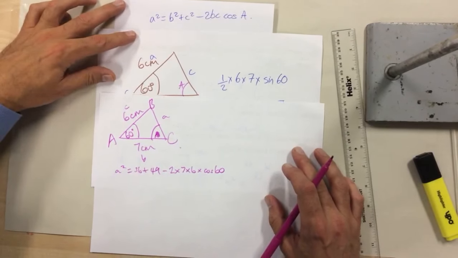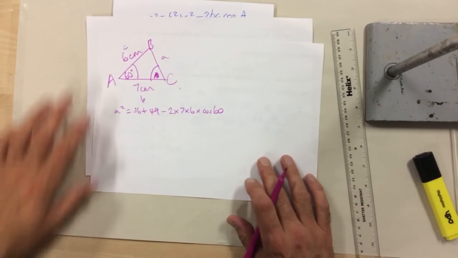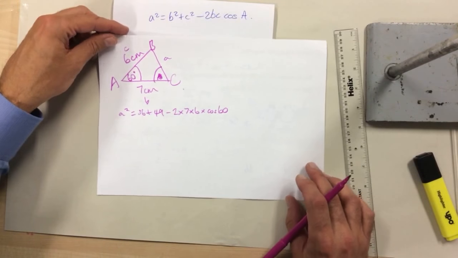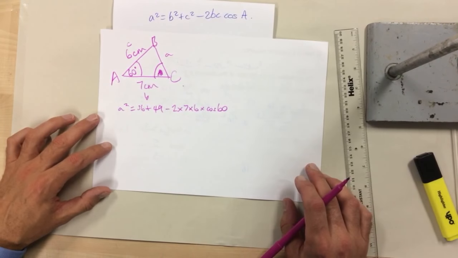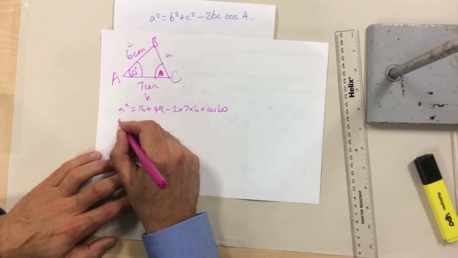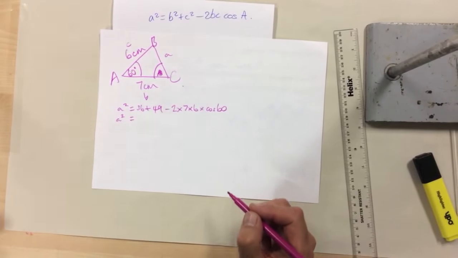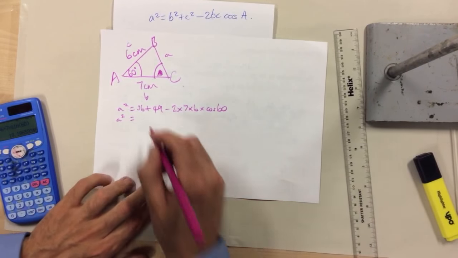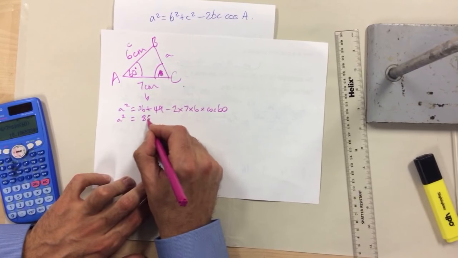Okay, so if we put that into our calculator, let's just get back to that bit. Are we all right there? Can we see that? At this stage, I try to delay going to my calculator for as long as I can. Those two can be added together to give me 85.